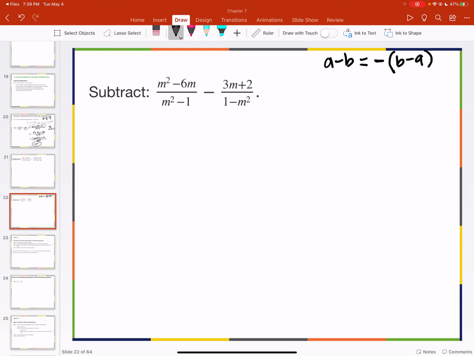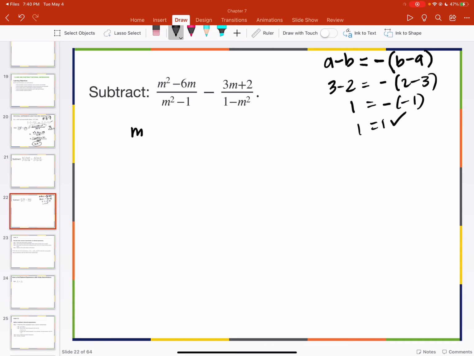So you can always switch the order, but if you want to keep the integrity of the problem, you have to make sure that you take out the negative. So let's say, for instance, you have 3 minus 2. That's the same as the negation of 2 minus 3. So 1 is equal to the negative of negative 1. So that's true.